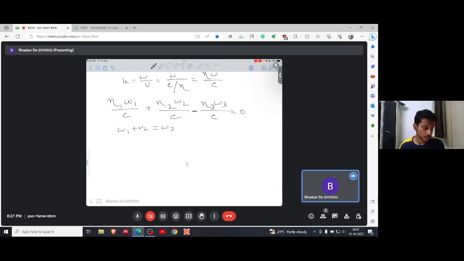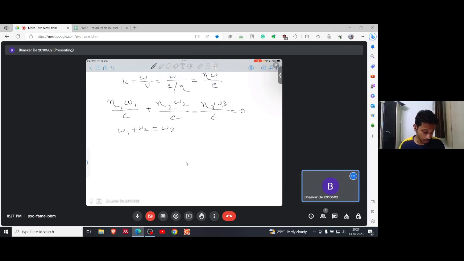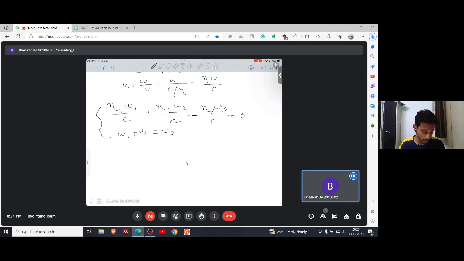So for second harmonic generation, these two conditions need to be fulfilled: eta 1 omega 1 by c plus eta 2 omega 2 by c minus eta 3 omega 3 by c equal to 0.